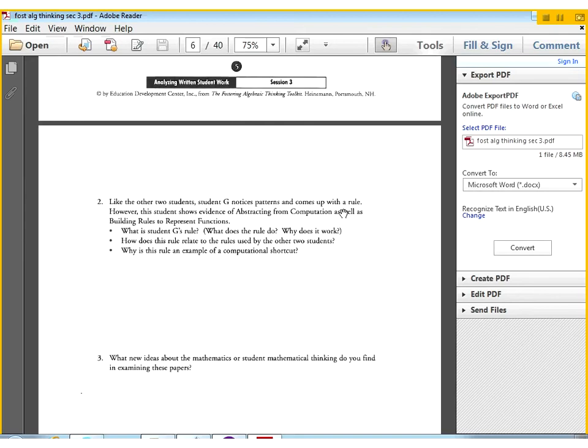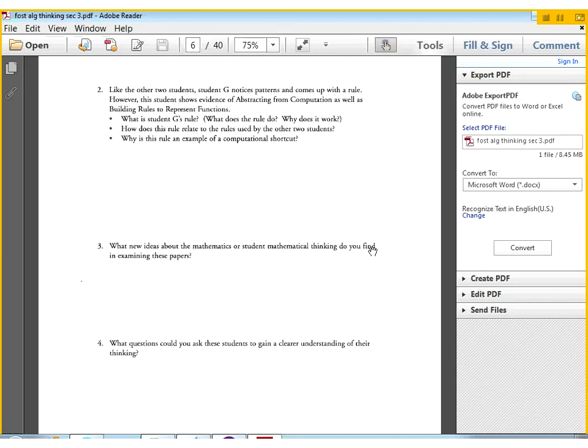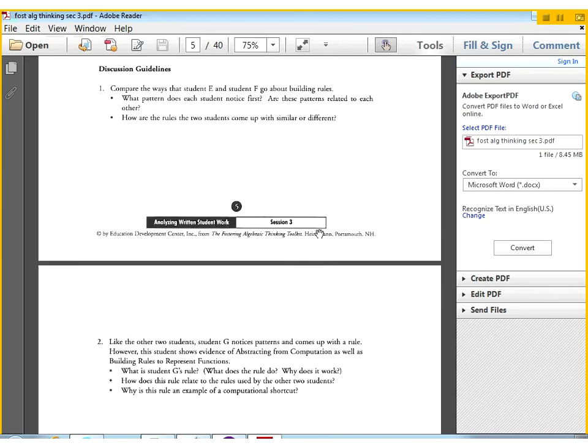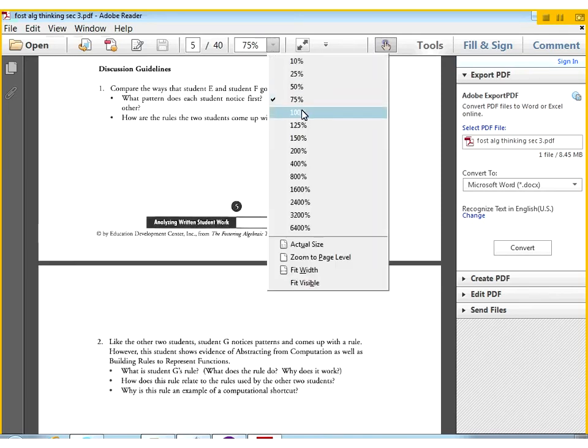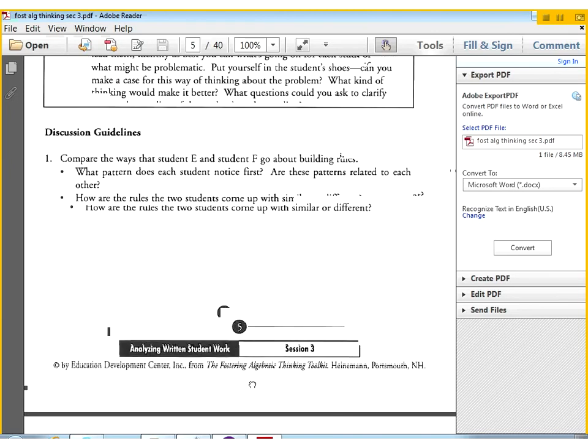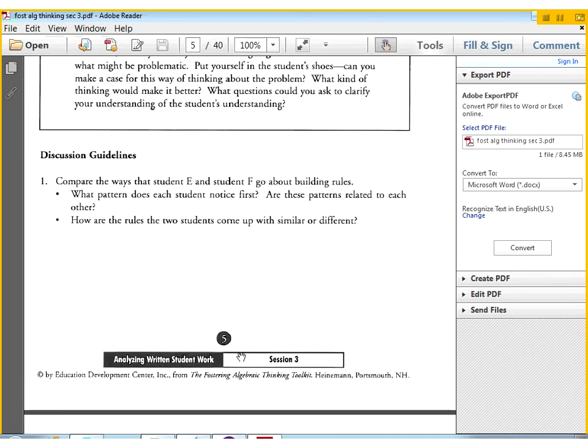And for student G, notice the patterns, come up with the rule, however the student shows evidence. I'm not going to print out that part, I just printed out the student work. So I'm going to leave these questions up here. So first of all, consider this first question.